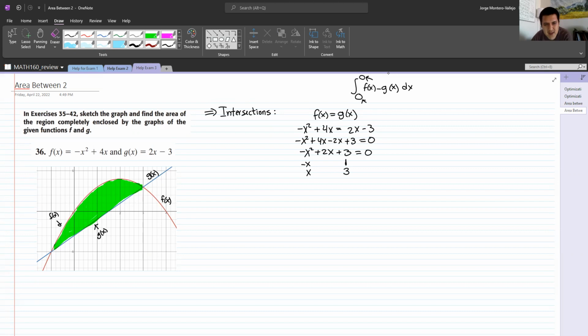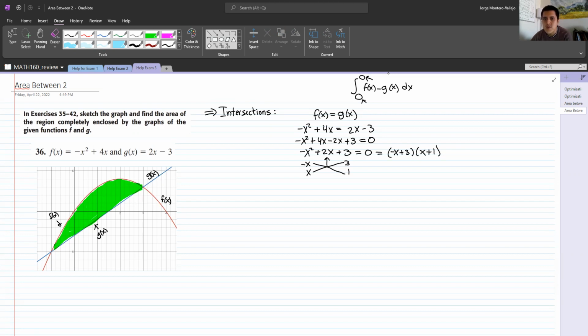And do we want them like this? Minus 3x plus x? No, that's not what we want, right? We want 3 times 1 like this, because then we get 3x minus x, and that is 2x, right? So then minus x plus 3, and then x plus 1 are our linear terms.